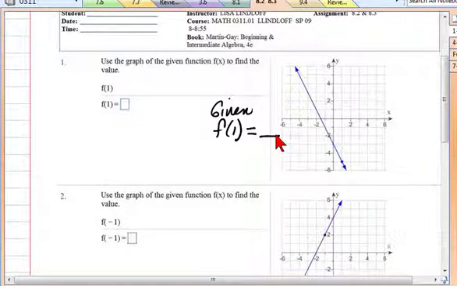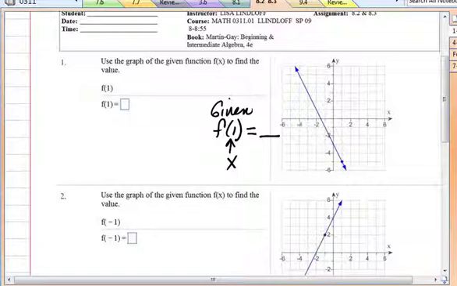Now, what you need to ask yourself is, are you given the x or the y of the point? X. Do you agree that you are given x? All right, x is 1. Look on the graph. Find the location where x is 1.